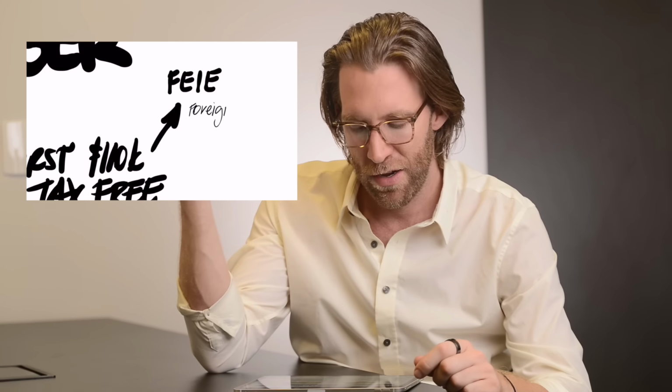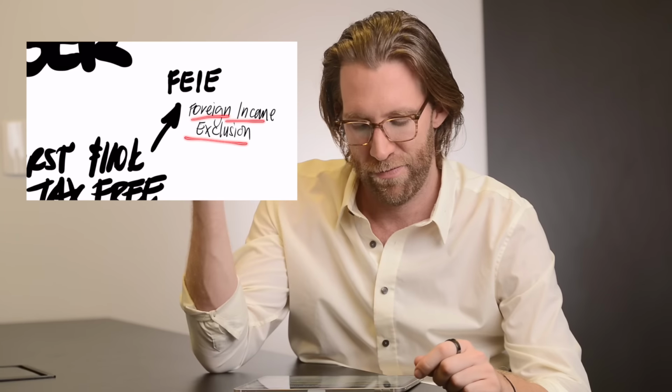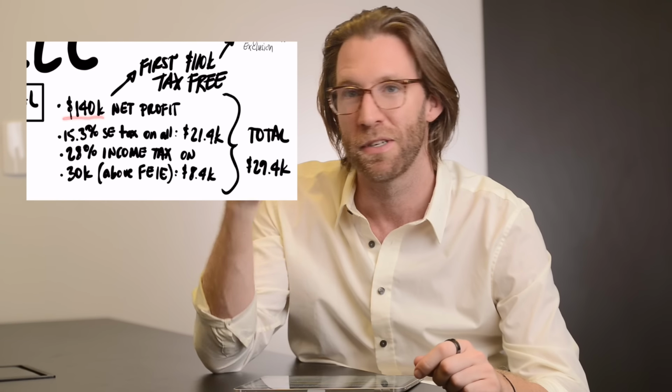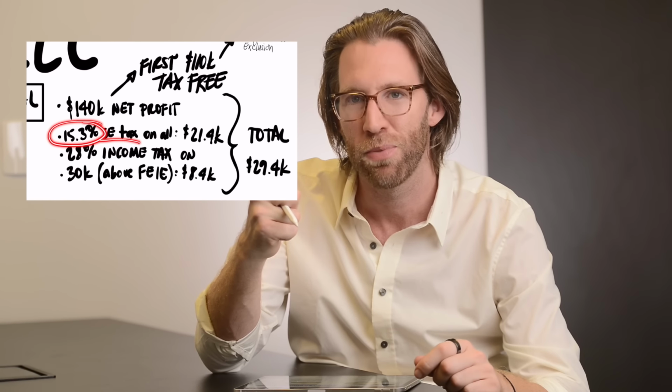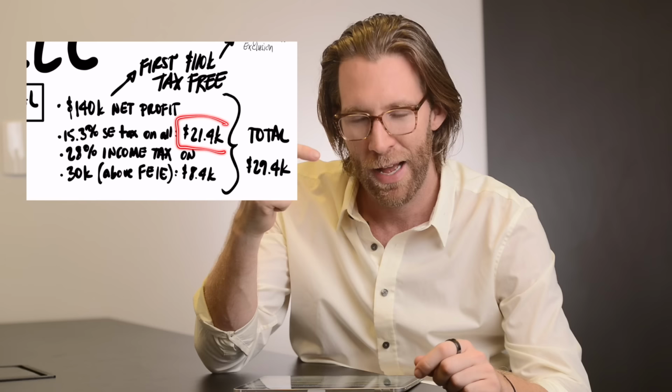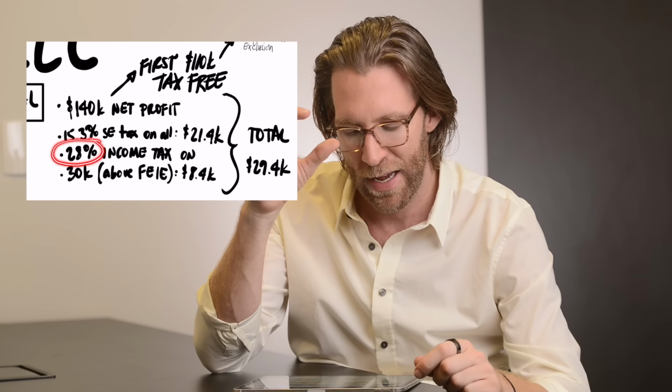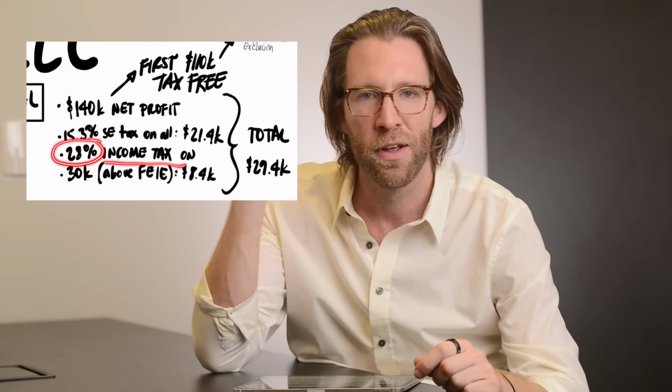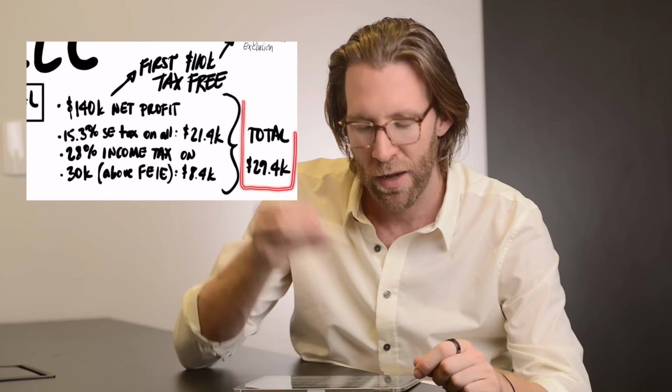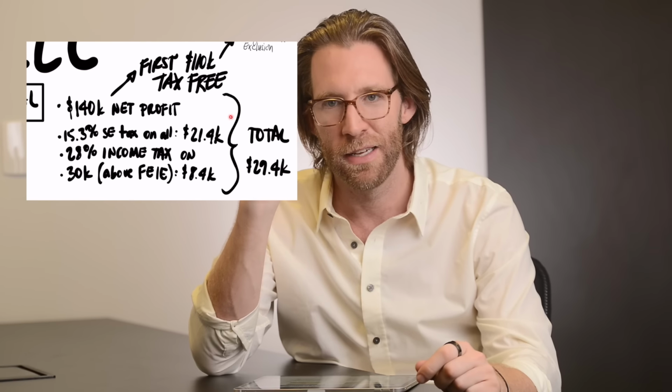But the rest of that 140K or so is subject to 15% self-employment tax, as well as that 28% tax on anything above that foreign earned income exclusion, which is roughly $30,000. So in total, between the 15% Social Security self-employment tax and that extra piece that's taxable in the United States, they're paying a total of $30,000 in taxes.